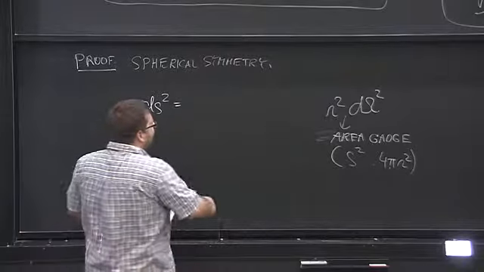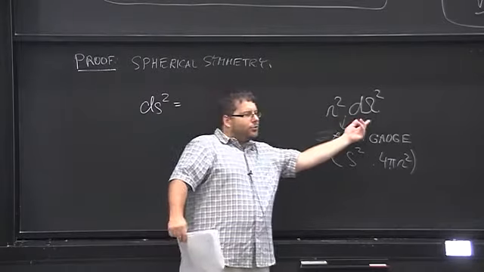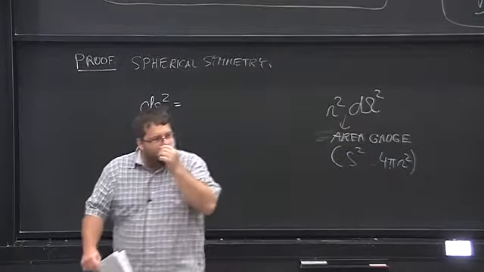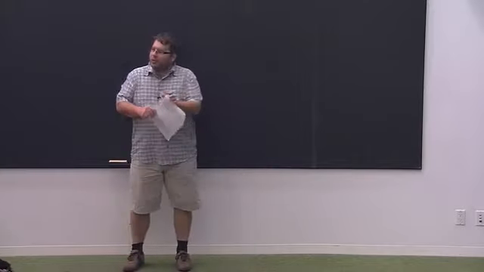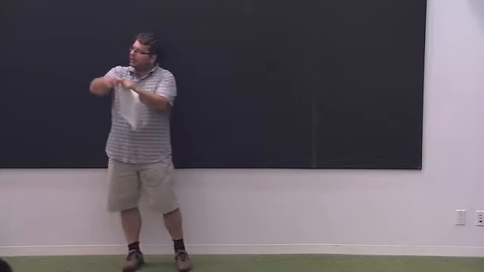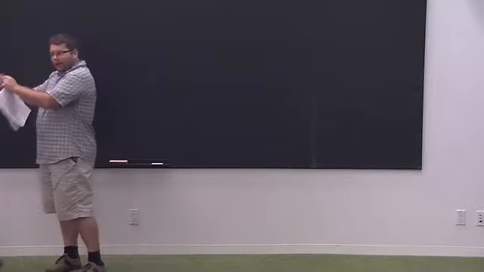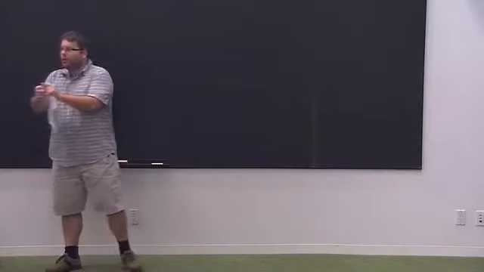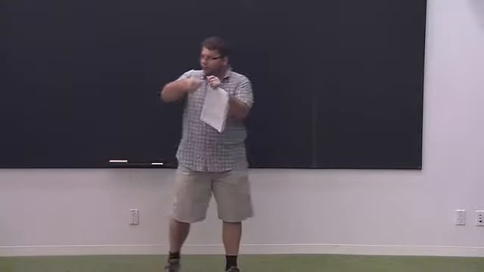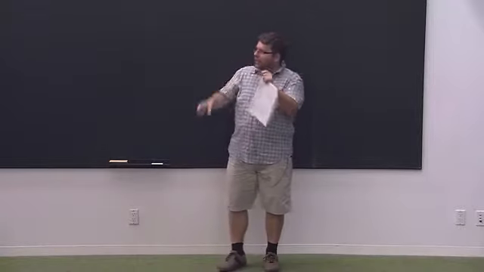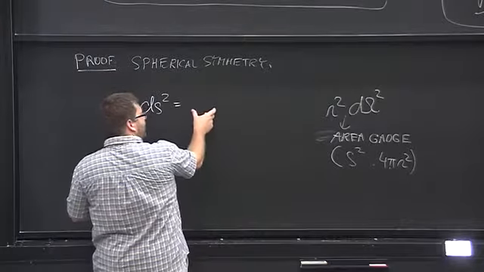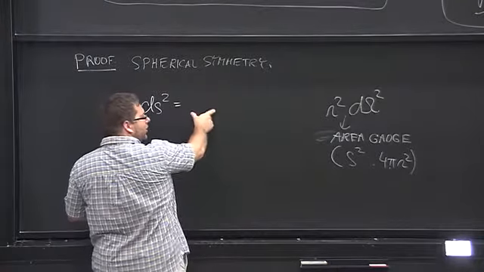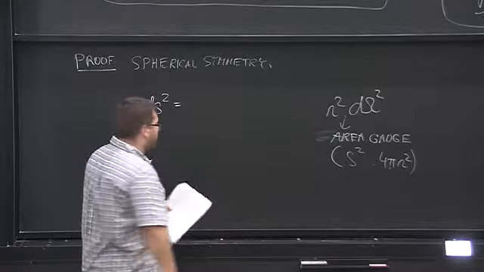And then we dealt with two directions, theta and phi. Now we have two extra directions, r and t. In principle, you could write things which have dt squared, dr dt and dr squared terms. But it's a 2 by 2 matrix, and you can always diagonalize it. So it's not surprising that I can have just one function in front of dt squared plus another function in front of dr squared.